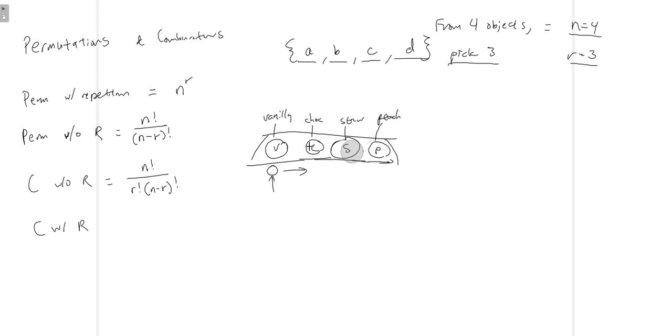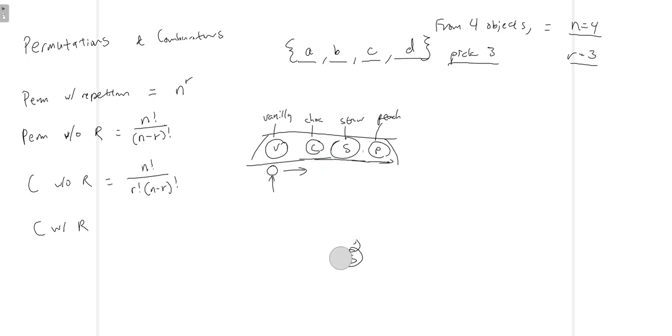Let's say I want 1 chocolate and 2 strawberry. If I'm going in order, there's no way I can get the strawberry first and then the chocolate and then another strawberry. So by thinking about it in this way, I'm forcing a combination instead of a permutation, because no matter what, I have to get this chocolate first.